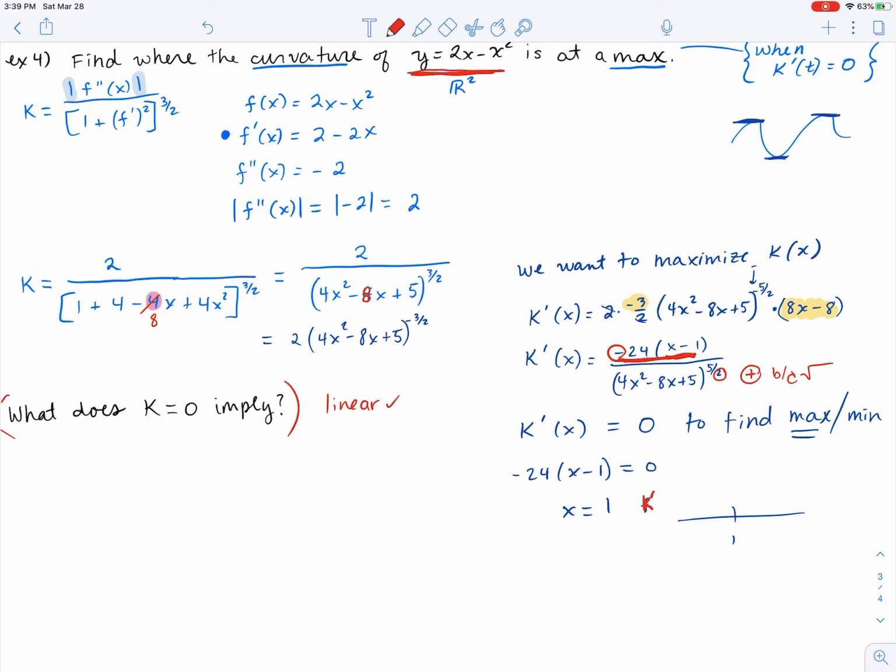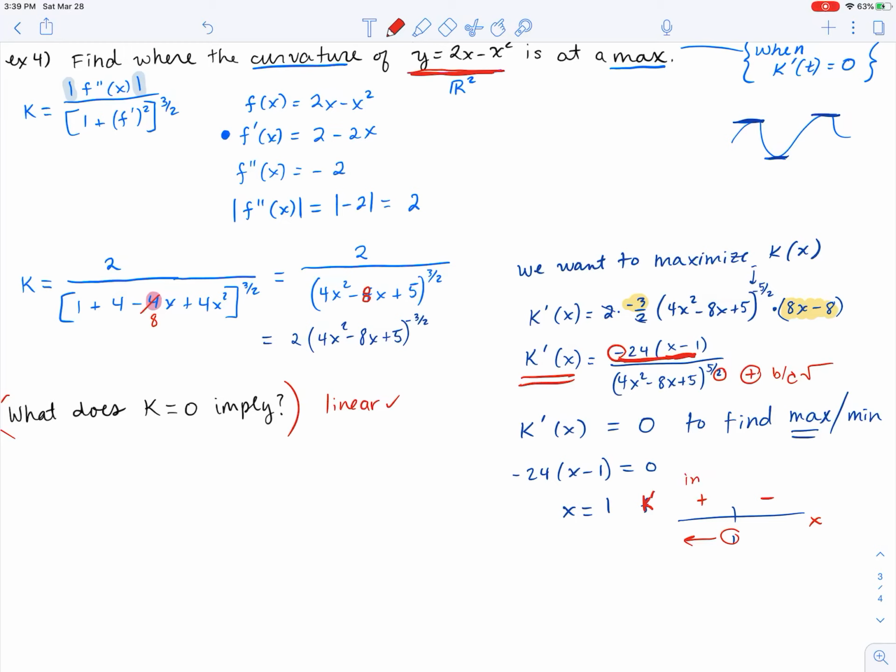Okay, so when x is less than 1, when we plug into the curvature, we're going to have negative 24 times a negative value divided by a positive value. So that's a net positive. And then after the 1, everything switches. And so that's a net negative.